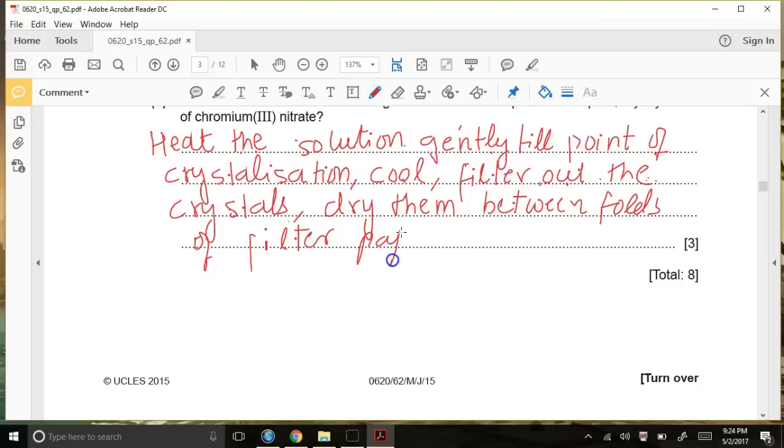So that's one way to dry the crystals out, or you could just even leave them to dry.